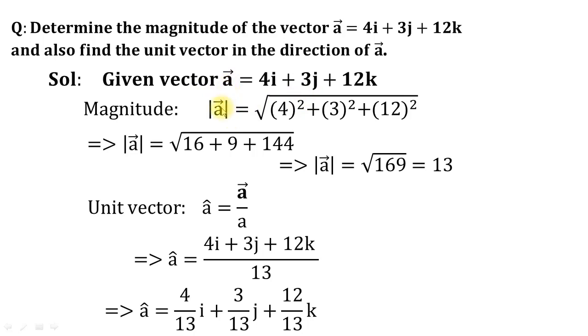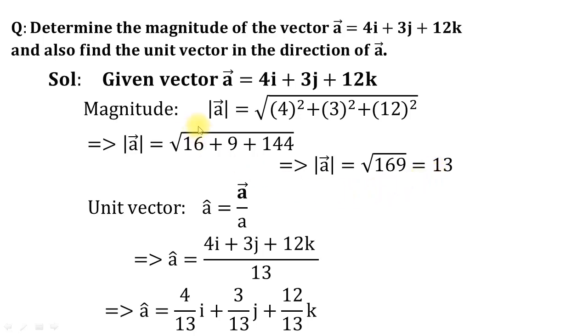So the magnitude of vector A is equal to the square root of 4 squared plus 3 squared plus 12 squared. Now 4 squared is equal to 16, 3 squared is 9, 12 squared is equal to 144, and this implies that the magnitude of vector A is equal to the square root of 169, and this is equal to 13.